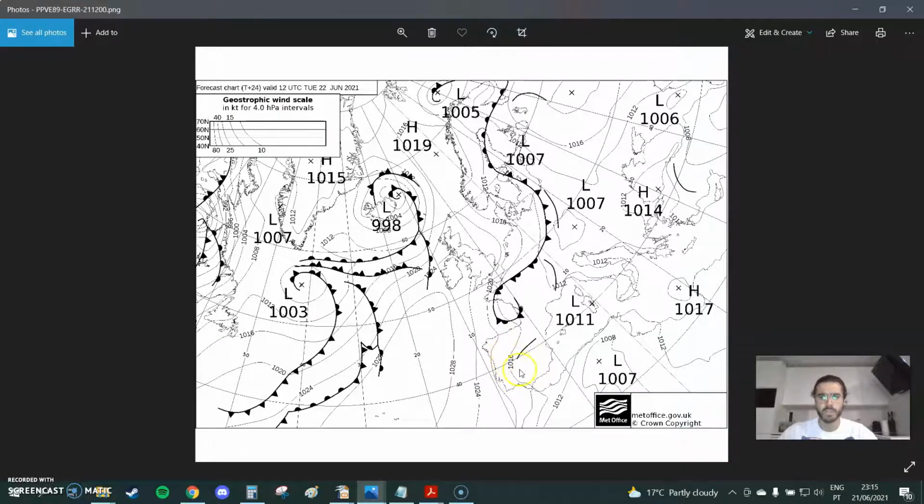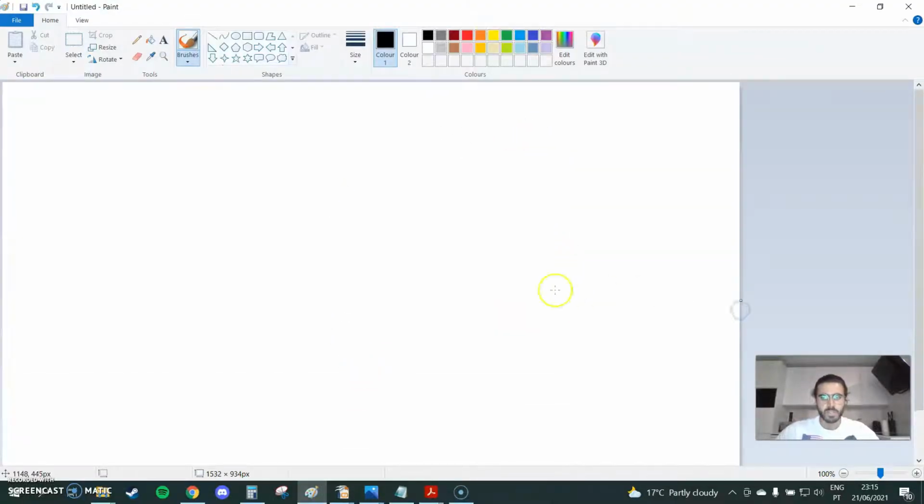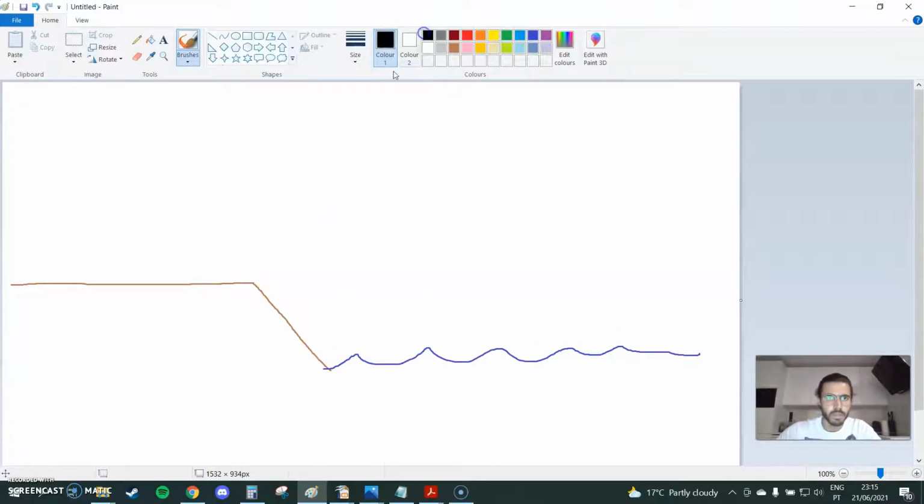But why am I paying so much attention to this isobar here? So I'm going to use my friend Paint to explain it to you, all right? So first of all, let's say that this is the coast, this is the ocean, and we are here, right? Okay. So we want to know our altitude in relationship to the 1013 isobar.